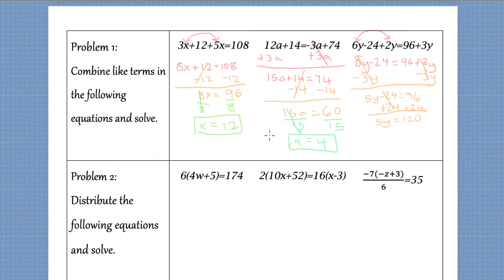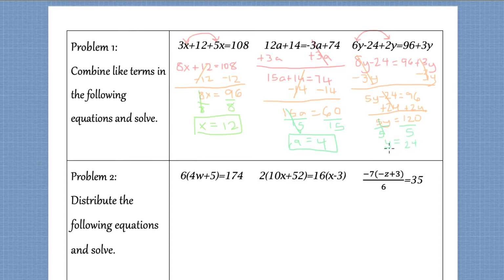And so to get the y completely alone and to solve this completely, we're going to divide both sides by 5. And so 5y divided by 5 leaves us with just y, which is equal to 120 divided by 5, which is 24.